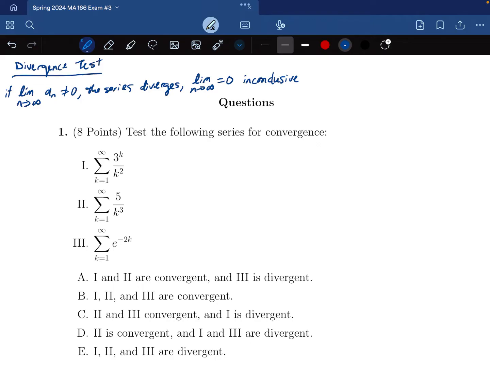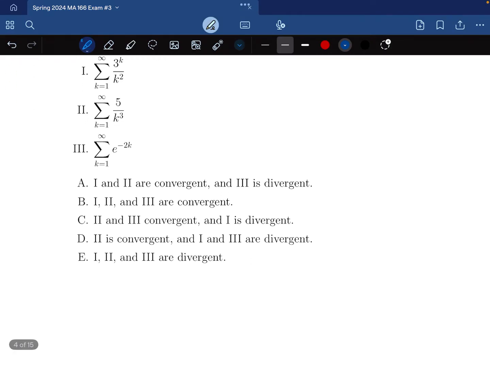Okay, so let's take a look at the first series. The method we're going to want to use for the first series is the ratio test. So I'll first explain the ratio test. The ratio test says that if the limit as n approaches infinity of the ratio of two consecutive terms in the series is less than 1, the series converges.